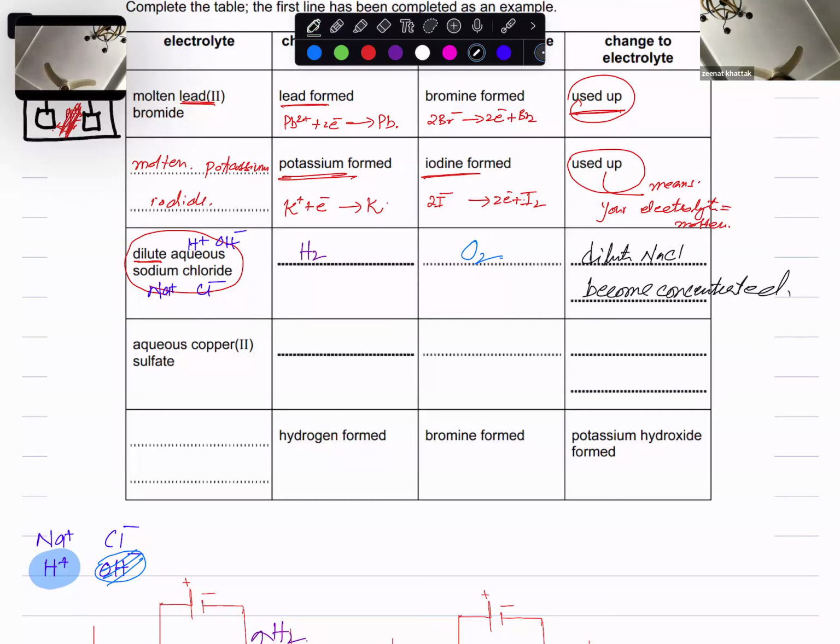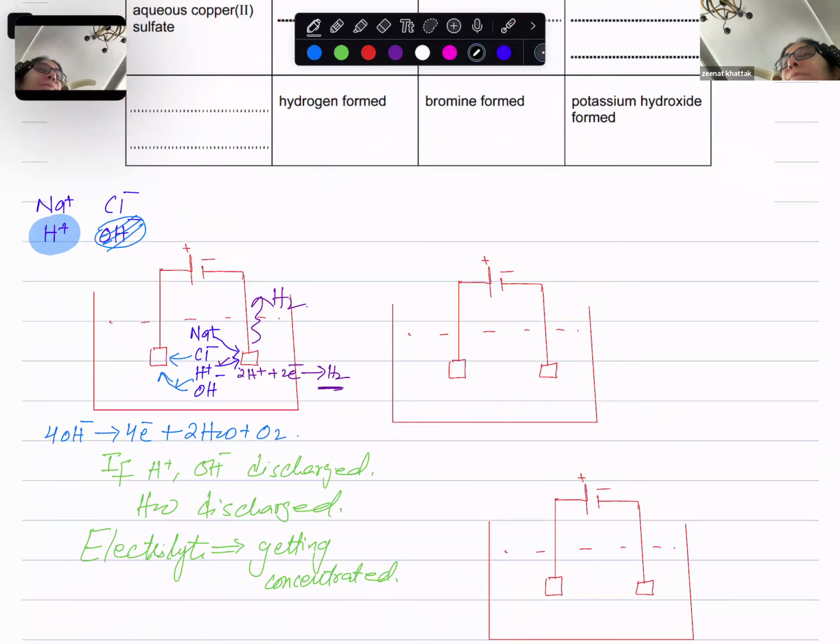Now aqueous copper 2 sulfate. What is the color of copper 2 sulfate? It's a blue solution. You know why it is blue?